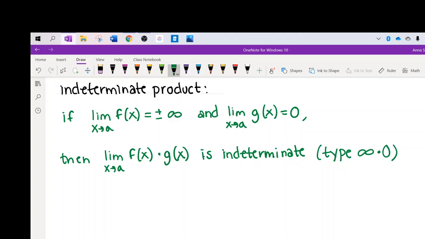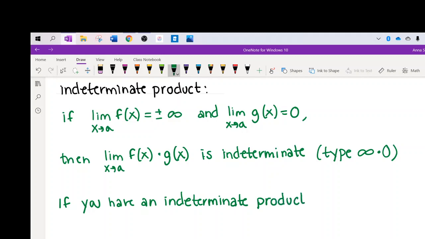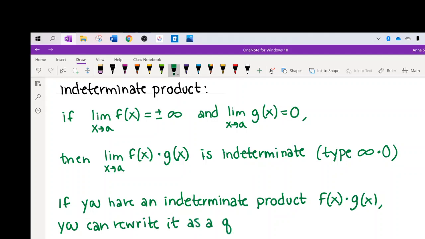So when you have an indeterminate product, you can always rewrite it as an indeterminate quotient. So if you have an indeterminate product of the form f of x times g of x, you can always rewrite it as a quotient. What is that quotient going to look like?